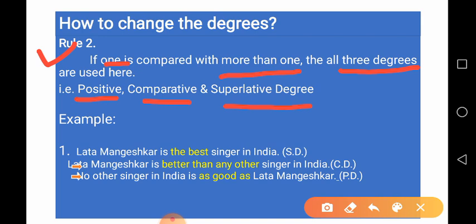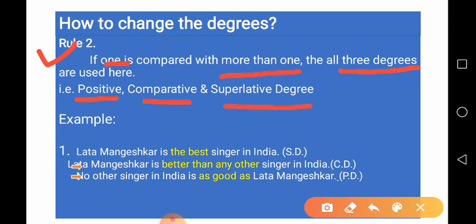Have you got it? See, when one is compared with more than one or many, in that case we use all three degrees. That means we use a superlative degree in it.